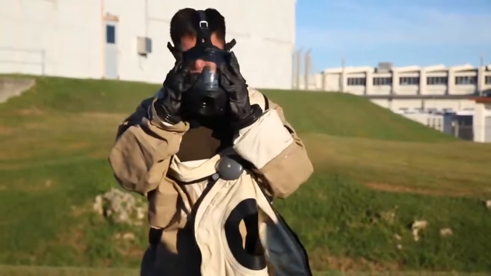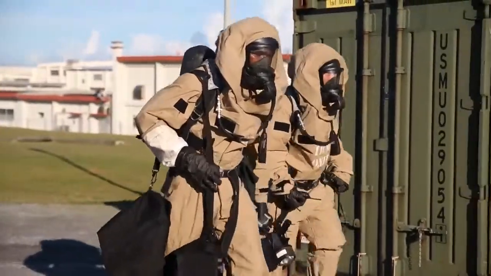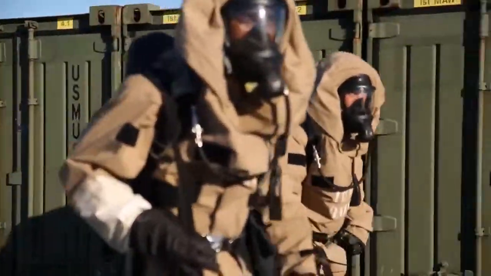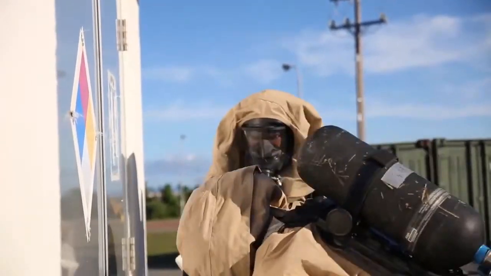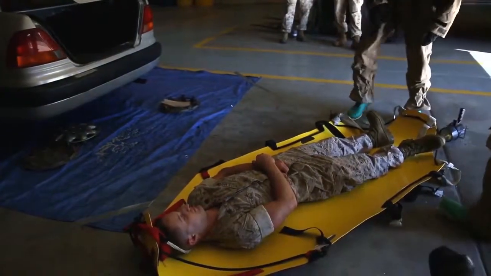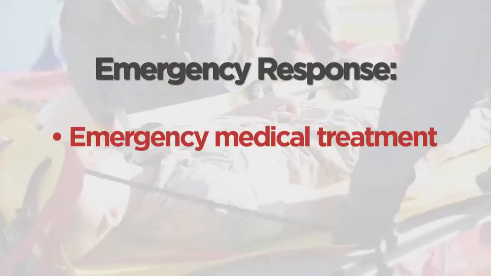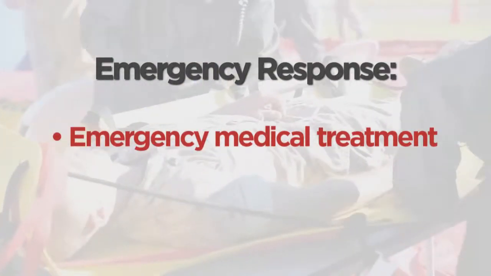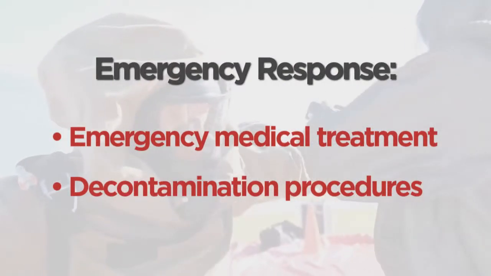Remember, only a minimum number of responders wearing proper PPE and those who are directly involved in the emergency operations should be allowed in this isolation area. If personnel are injured or exposed at the scene of a poisonous materials incident, there are 2 important aspects of emergency response that must be initiated: emergency medical treatment and decontamination procedures.